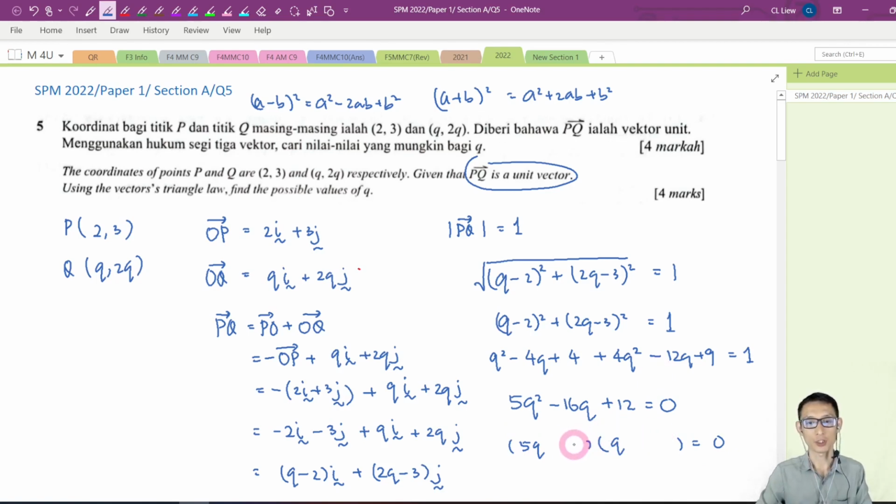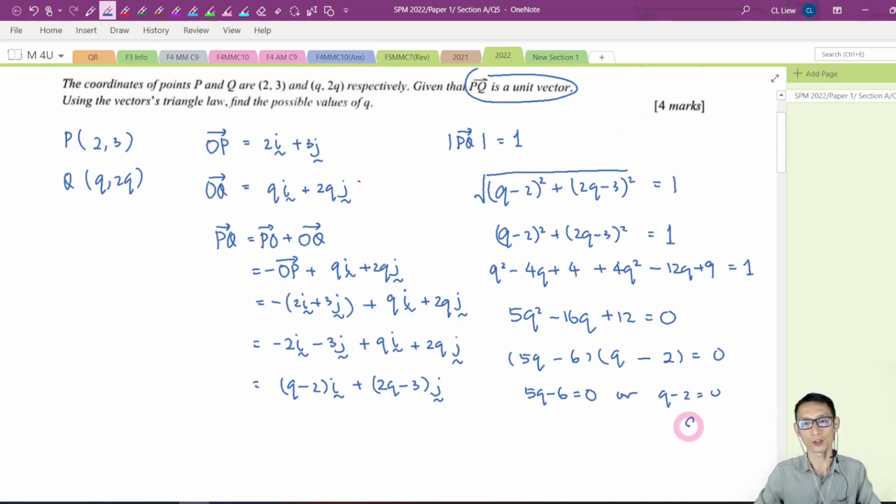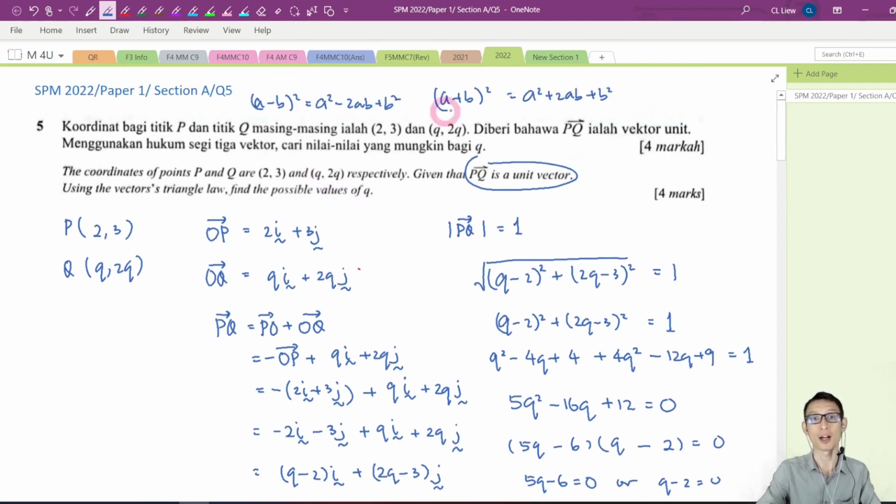This one let me use 6, 2, and okay, let me check the answer. Okay, correct. So now from here, we know that 5q minus 6 is equal to 0, or q minus 2 is equal to 0. Okay, so q is equal to 2, q is equal to 6 over 5. Okay, so these are the answers of question number 5.